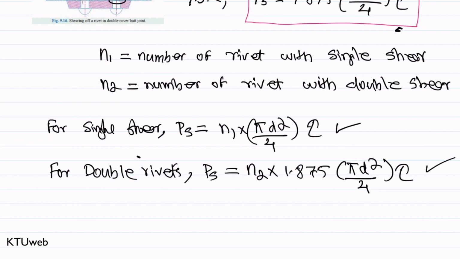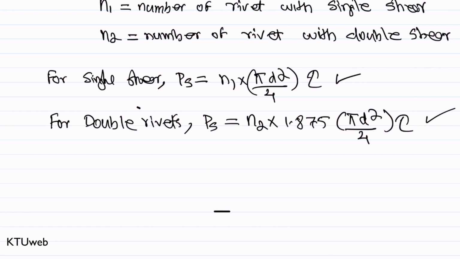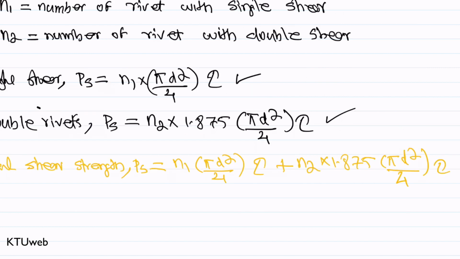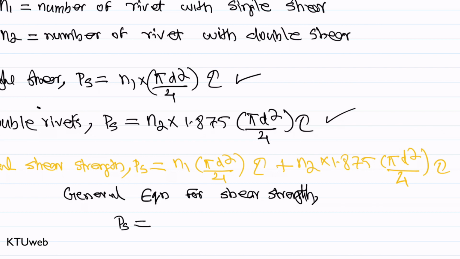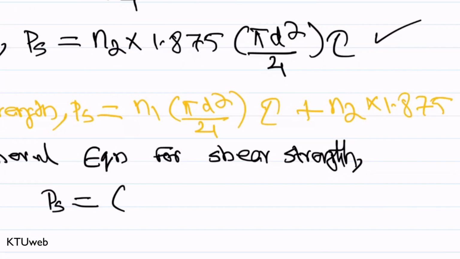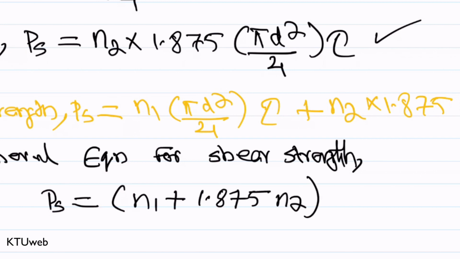Suppose that the joint contains both single and double shear, the total strength we can get by adding these equations together. The general equation for shear is PS is equal to (N1 plus 1.875 N2) into pi d square by 4 into tau.